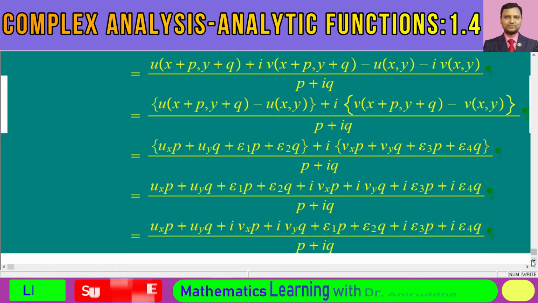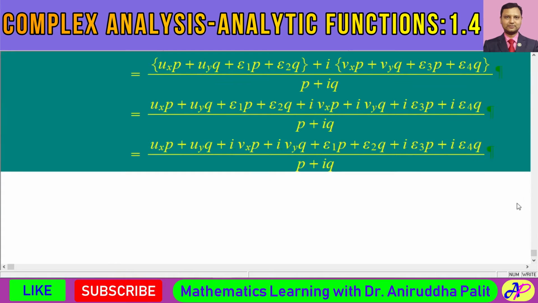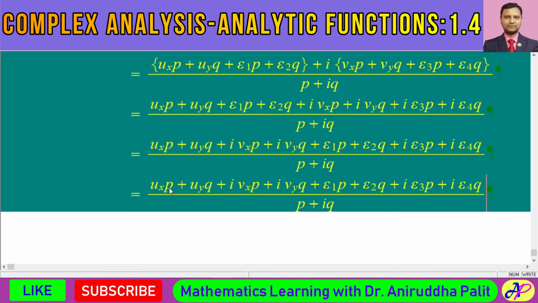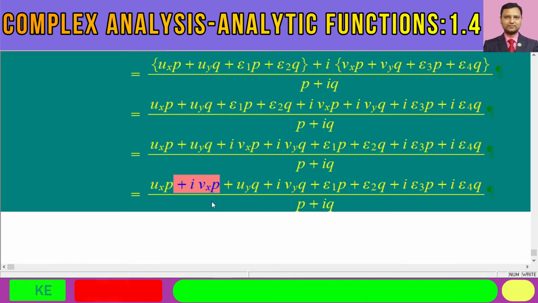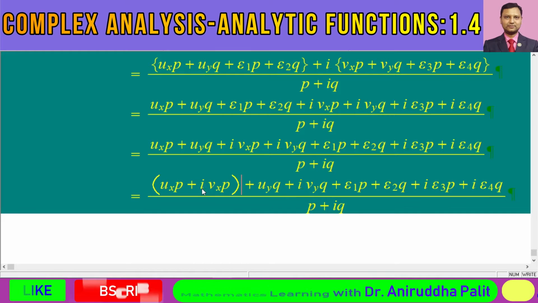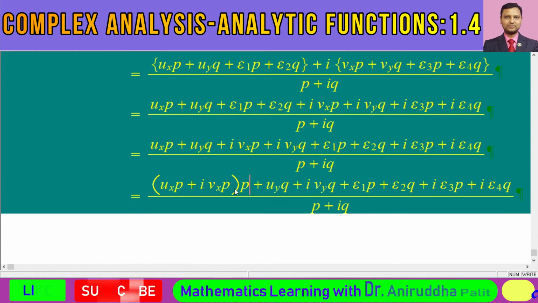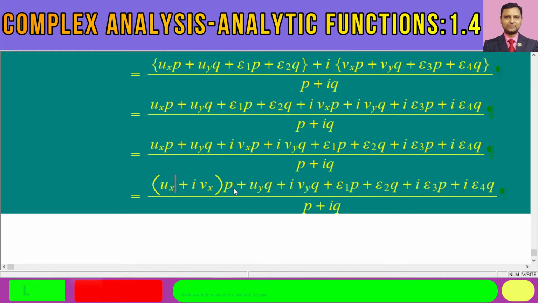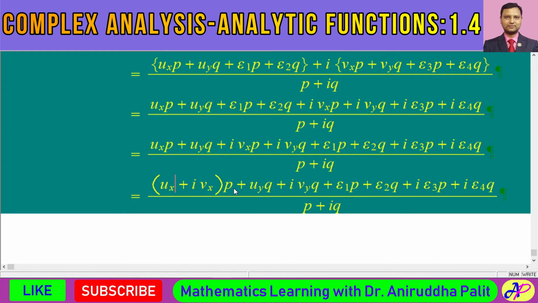These four terms, let me manipulate them in this fashion. Over here, I can take this p common from these two terms, so rather I'm writing them over here. After taking this p common, we shall have this type of expression: ux plus i dx.